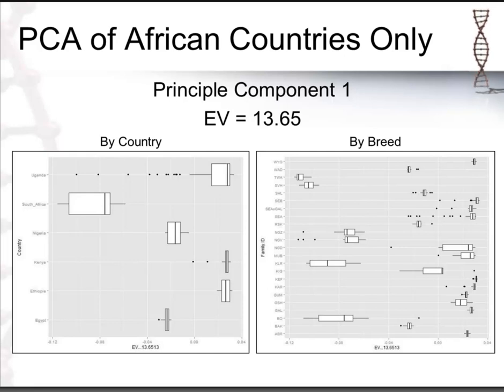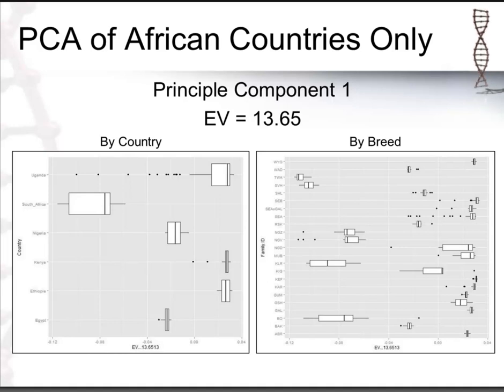Both of these box plots are the exact same data set. It's only African countries, but I have the individuals grouped slightly differently. On the left-hand side, I've grouped all of the breeds for a country together as a country. On the right-hand side, I have it grouped in a smaller way, just by breed itself.